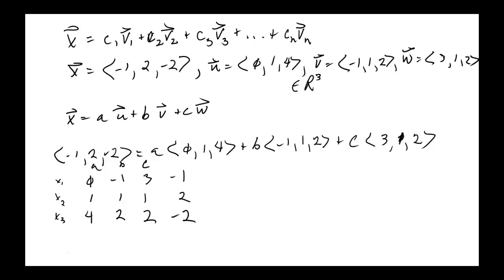So, row echelon form? Yeah. Okay, switch row 1 and 2. All right. You think I can also negate the second row? No, what I was thinking, that third row.